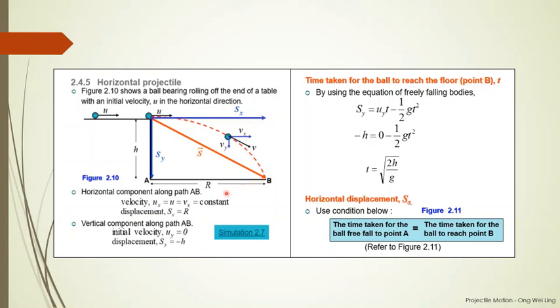For the vertical components along the path AB, the initial velocity uy equals 0, and you only have ux. The displacement Sy equals negative h because the impact is below the initial position.